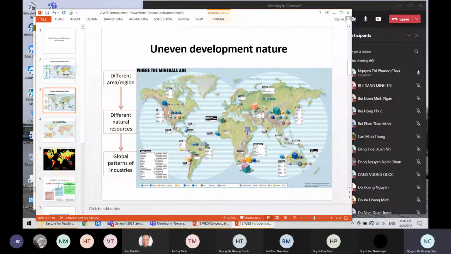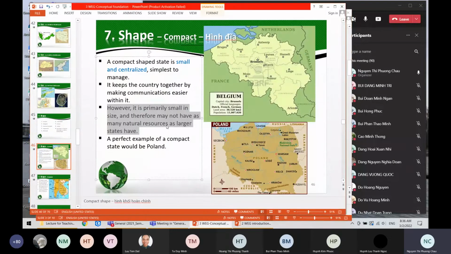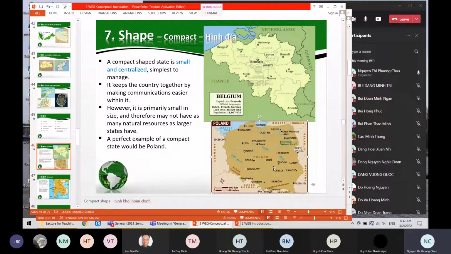Poland is very small around here, and you see in here, no resources. Small size, so it may not have as many natural resources as larger states have. That is a disadvantage. A perfect example of a compact state could be Poland, here.